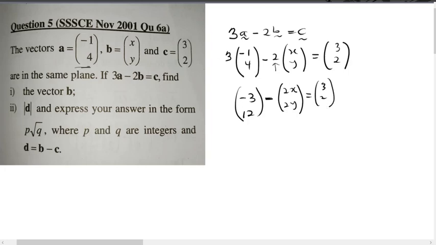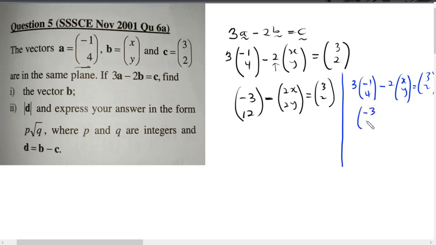And I want to stress this also here. I keep saying this. Here too, we could have done this from here. That is 3 times (-1, 4), and then minus 2 times (x, y) equals (3, 2). We could have also done this. 3 times negative 1 is negative 3, and 3 times 4 is 12.